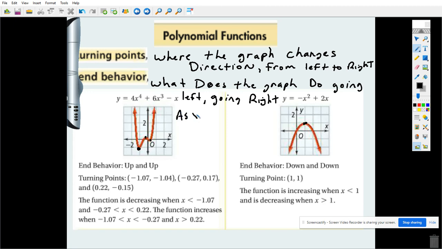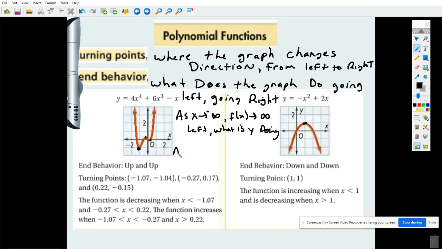As x goes to positive or to negative infinity, it'll say f of x goes to, all this is saying is left, and what is y doing? So y either goes up or down, right? So this would be going up, so we would put positive infinity.